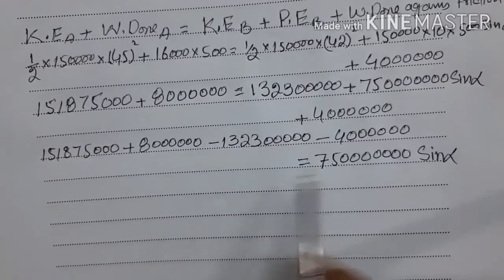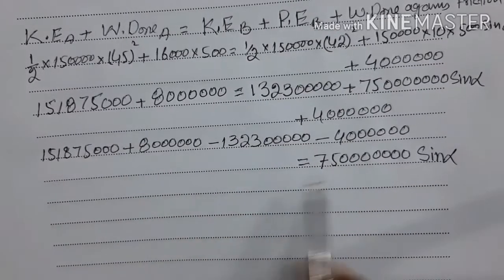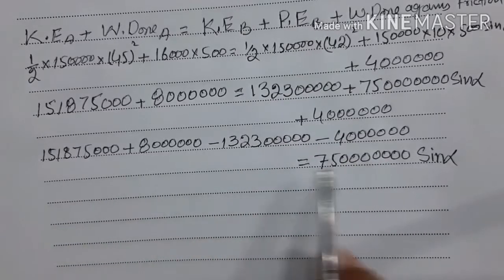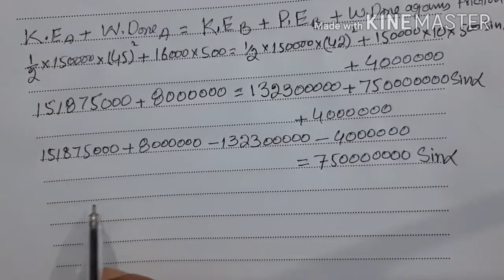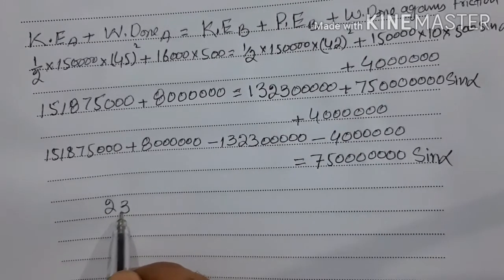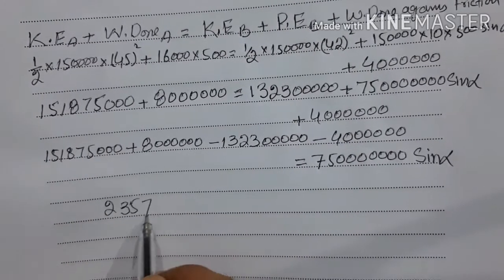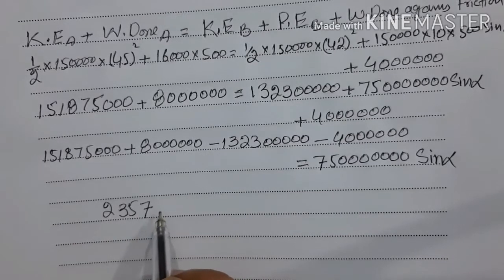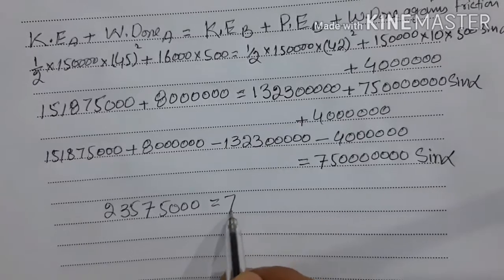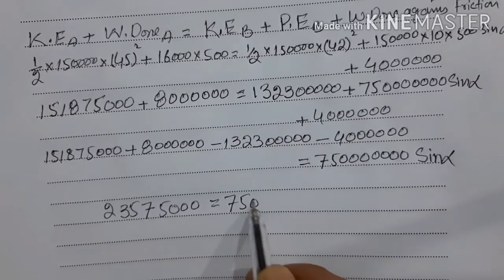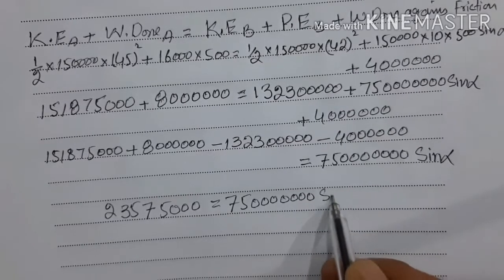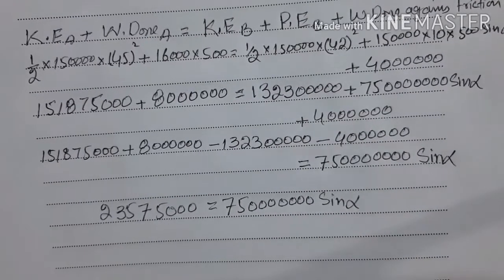Now when I solve this whole equation with the calculator, I'll get 2 3 5 7 5 triple 0 is equal to 7 5 1 2 3 4 5 6 7 zeros sine alpha.